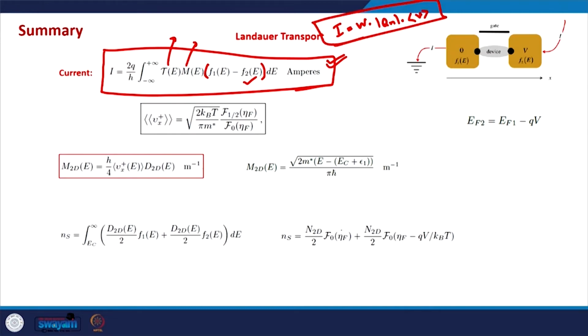This velocity is what we are concentrating on at the moment, and further on we will talk more about the charge, which will come when we discuss the electrostatics of the MOSFET. In our discussion on the MOSFET, this velocity is the velocity at which the charge in the channel is moving. But there is a situation in the MOSFET.